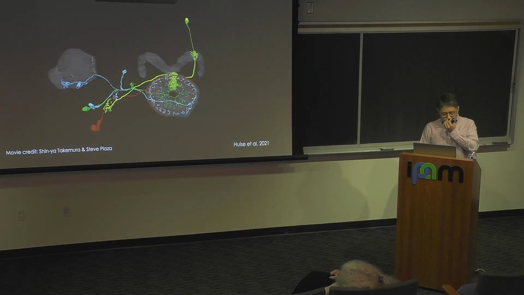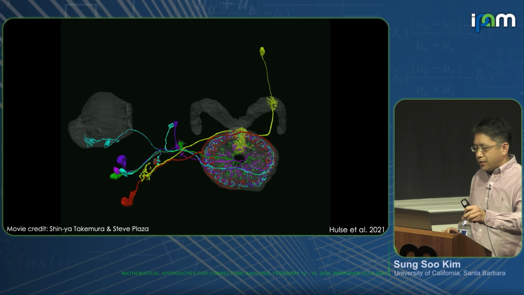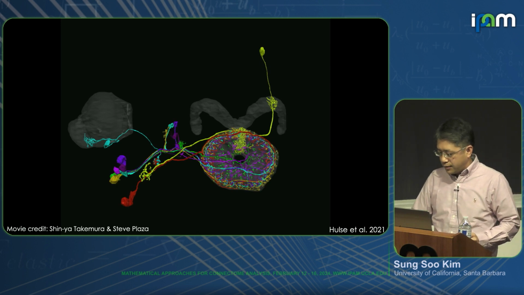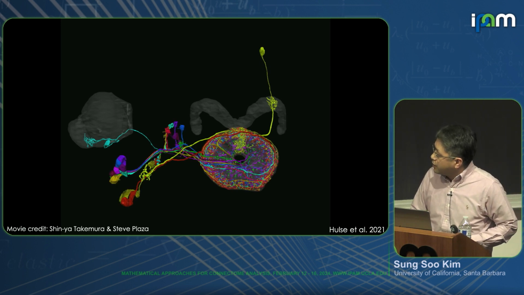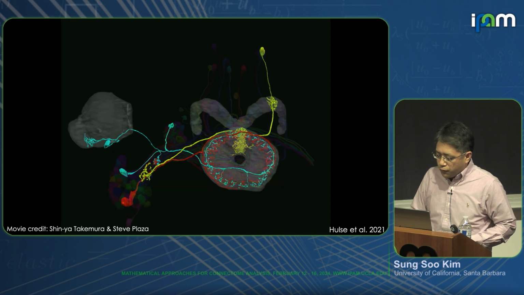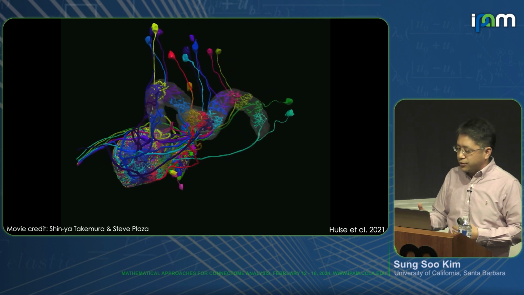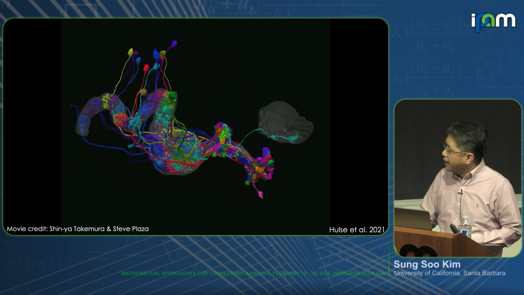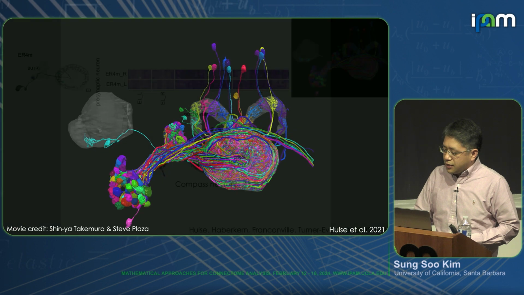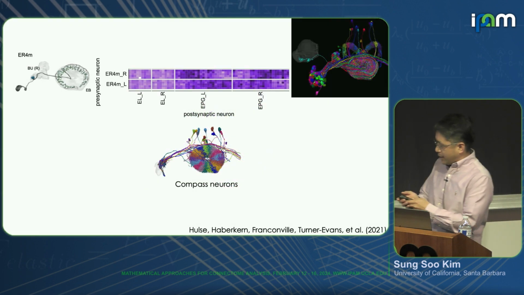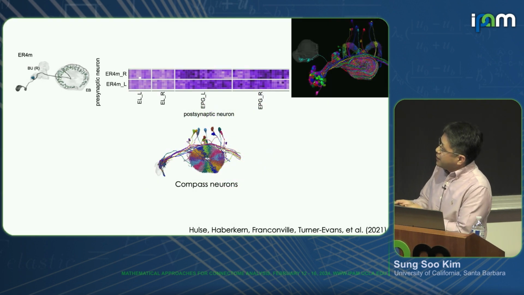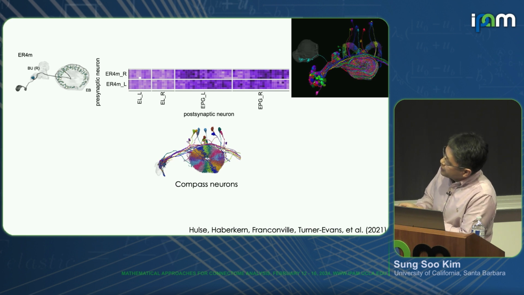Okay, so I told you that there are many ring neurons connecting to the compass neurons. And overall, effectively, it creates all-to-all connections from ring neurons to compass neurons. And if you see the synapse count, by the way, please ignore this EL type because it's not relevant for today's talk.